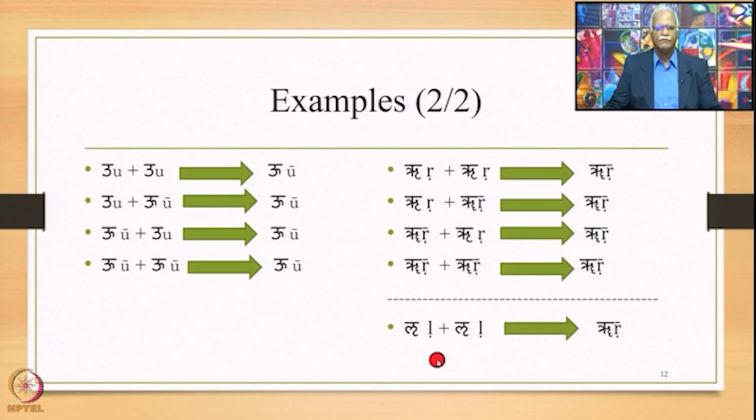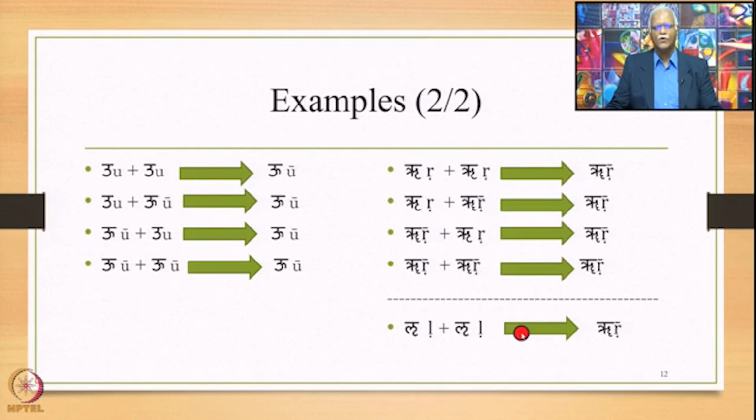And then we have one case of lu, where we have lu followed by short lu, both are short lus. Lu does not have a long variety, so that is not possible. Now the output generated by 6.1.101 is something different over here.